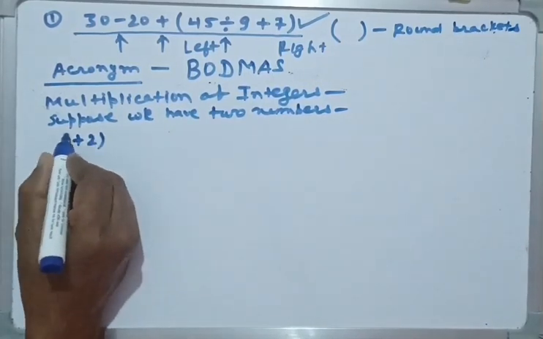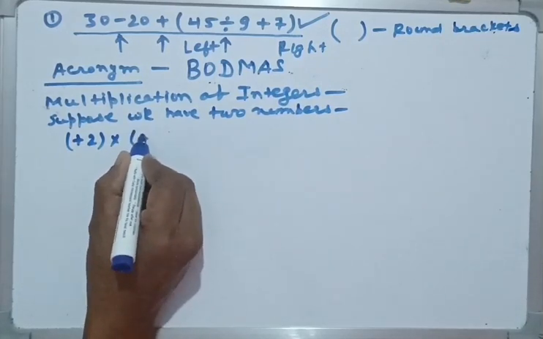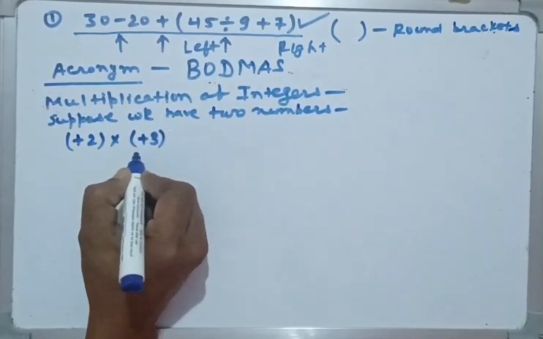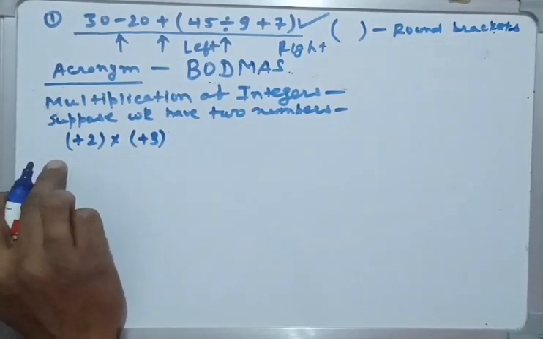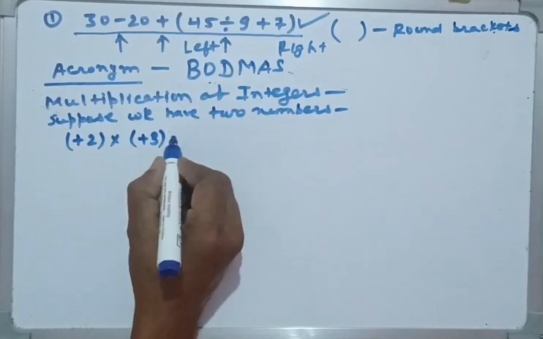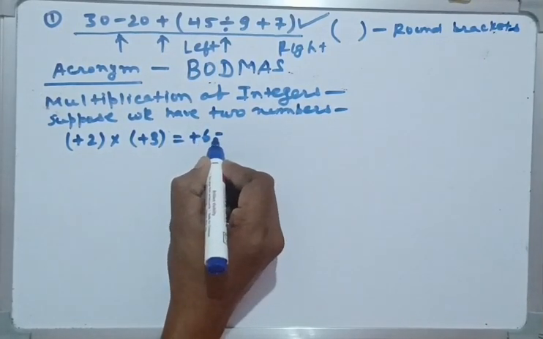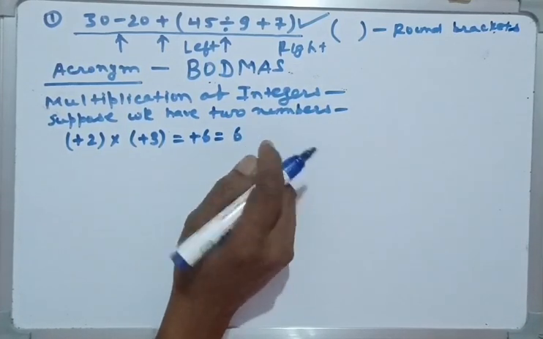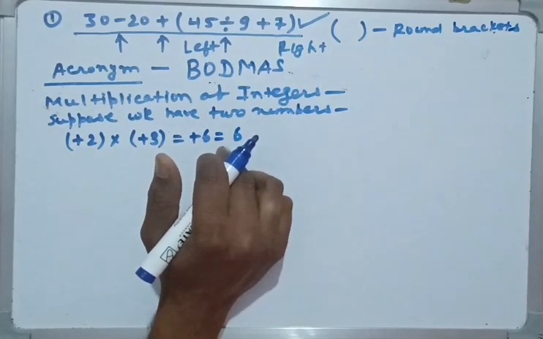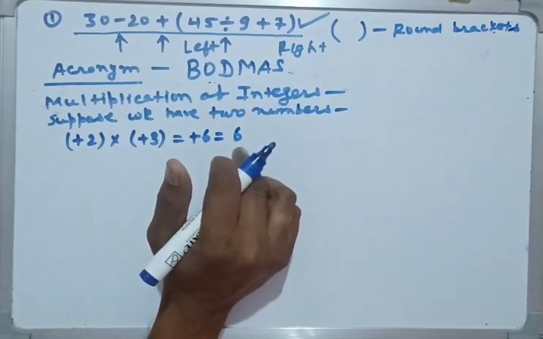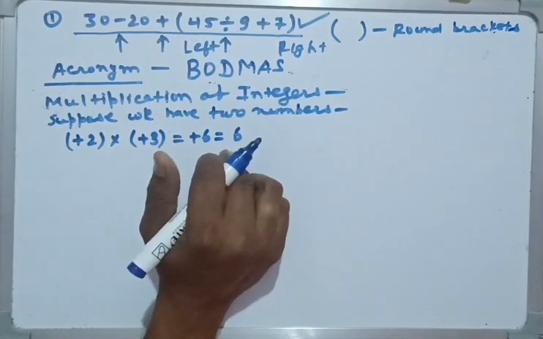Suppose this one is +2 and the second one is also positive, +3. Now when you take the product of these two integers, the solution is +6, or you can write it as 6. Why? Because when there is no sign written before a number, it means it is a positive number.